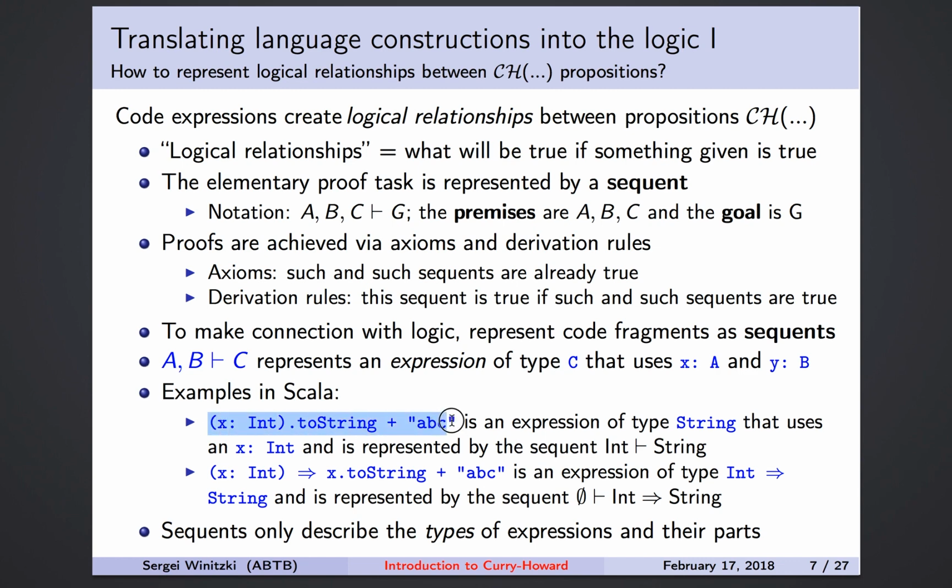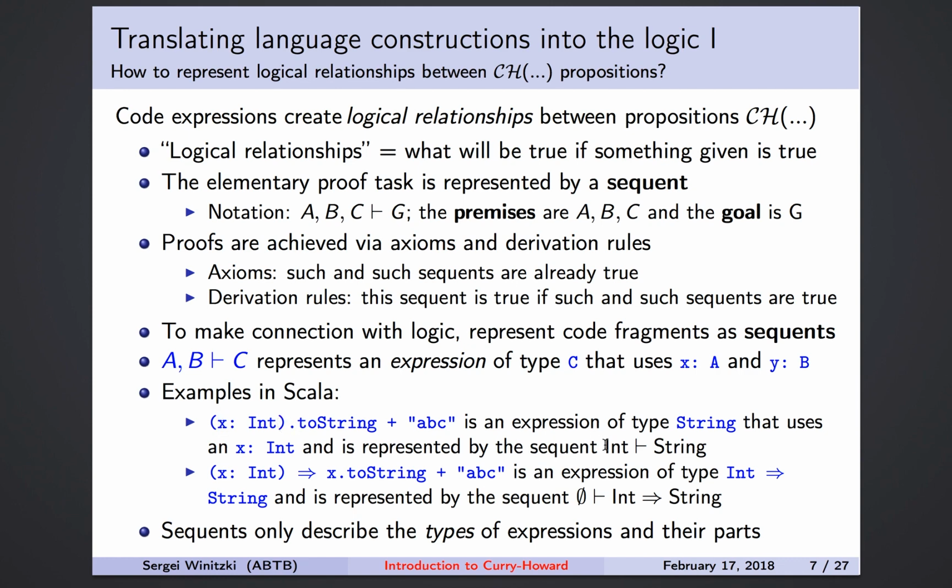Now, this entire thing is an expression of type string, but it uses a variable of type integer. So the sequent that represents this expression would be this sequent. The premise is the integer, and the goal is the string. So notice we are representing types of sub-expressions.